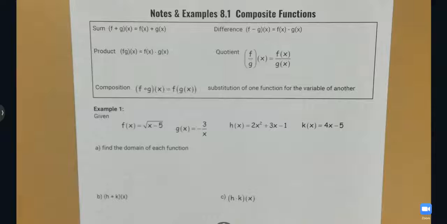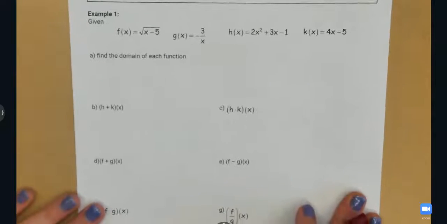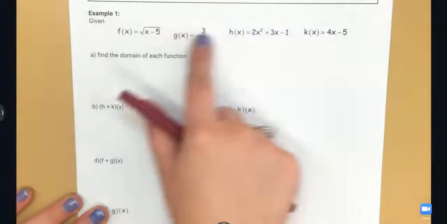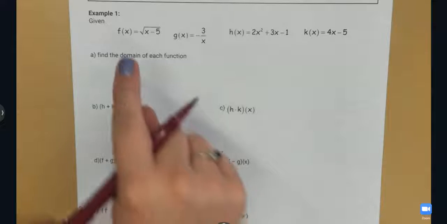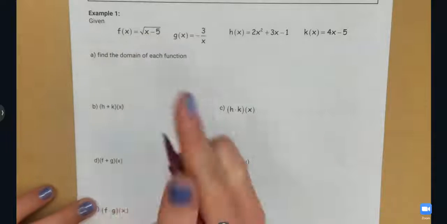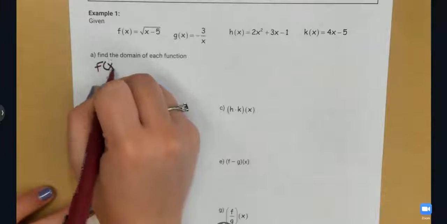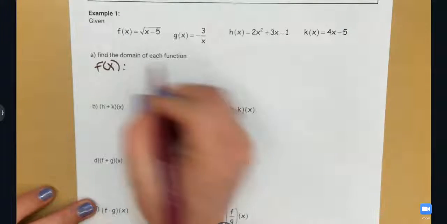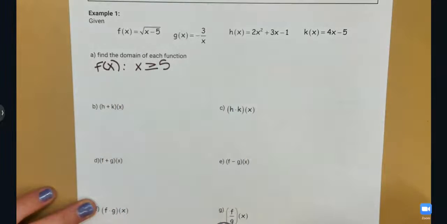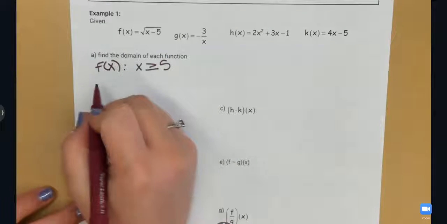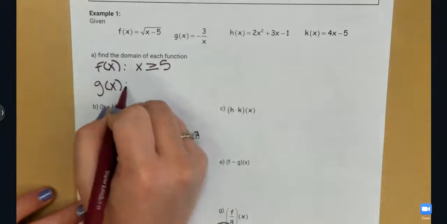So first thing we're going to do is a quick review of domain. We've got these four functions here. Remember, our domain restrictions are we cannot divide by 0 and we cannot take the square root of a negative. Starting here with f of x, I've got a square root, which means all of those values have to be positive. So that domain is going to be that x has to be greater than or equal to 5. On g, I've got my restriction that I cannot divide by 0.